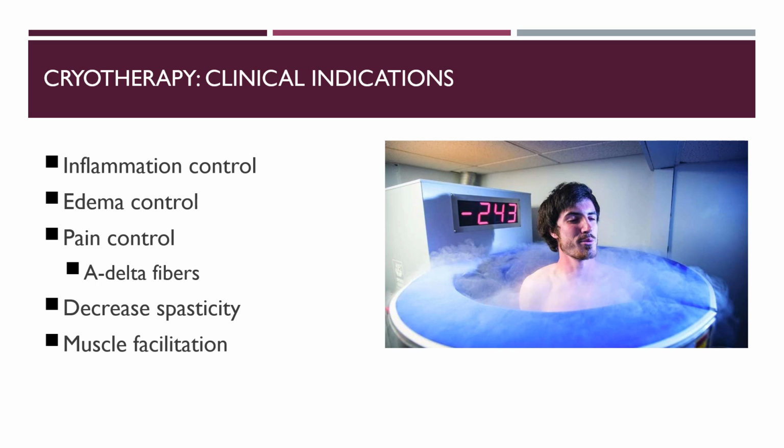And remember that pain control can be either from decreased nerve conduction velocity in those A delta fibers, or we can actually maybe just decrease pain via the gate control theory, where we're giving the patient some kind of non-noxious stimulus to an area where they typically do feel pain, and that non-noxious stimulus closes the gate at that spinal cord level and doesn't allow that pain signal to reach the thalamus and the areas of the cortex. We can also, again, decrease spasticity in our patients that have upper motor neuron lesions, or we can use a quick icing to help facilitate muscle action.